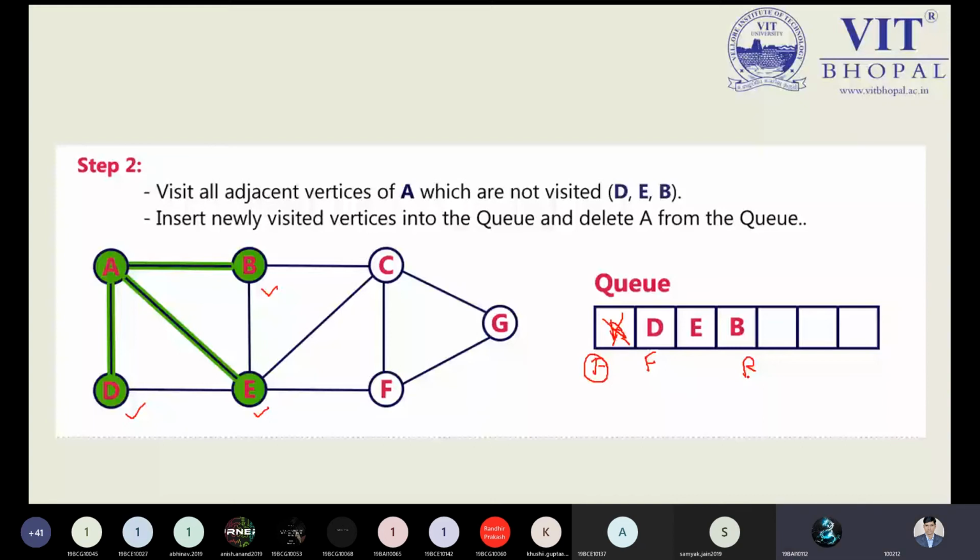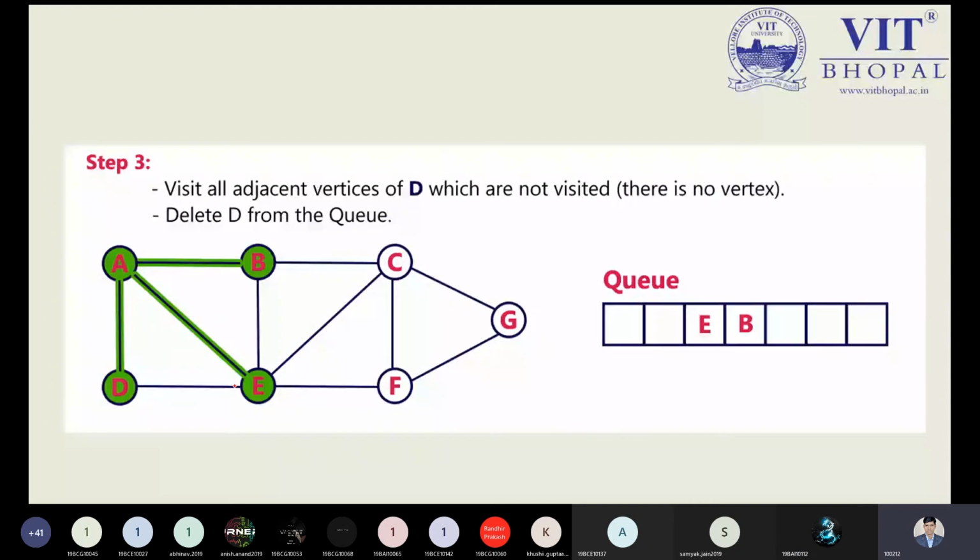Yes, sir. Okay, so now come to the point. D is now here. D is visited, A is already visited, and D is visited. After visiting D, we need to update the front value and the rear value stays as it is.